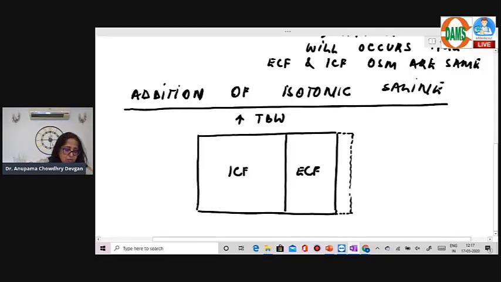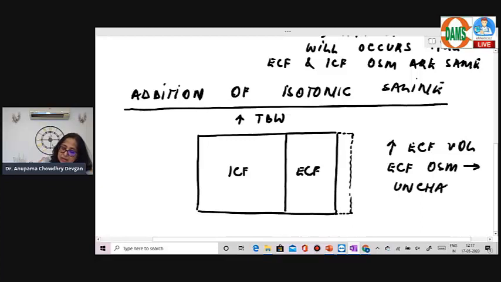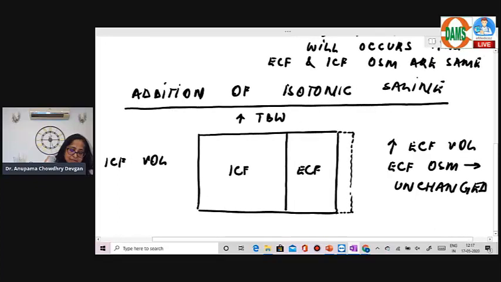There is an increase in total body water. There is an increase in the ECF volume. ECF osmolality remains unchanged. ICF volume and ICF osmolality remain unchanged.